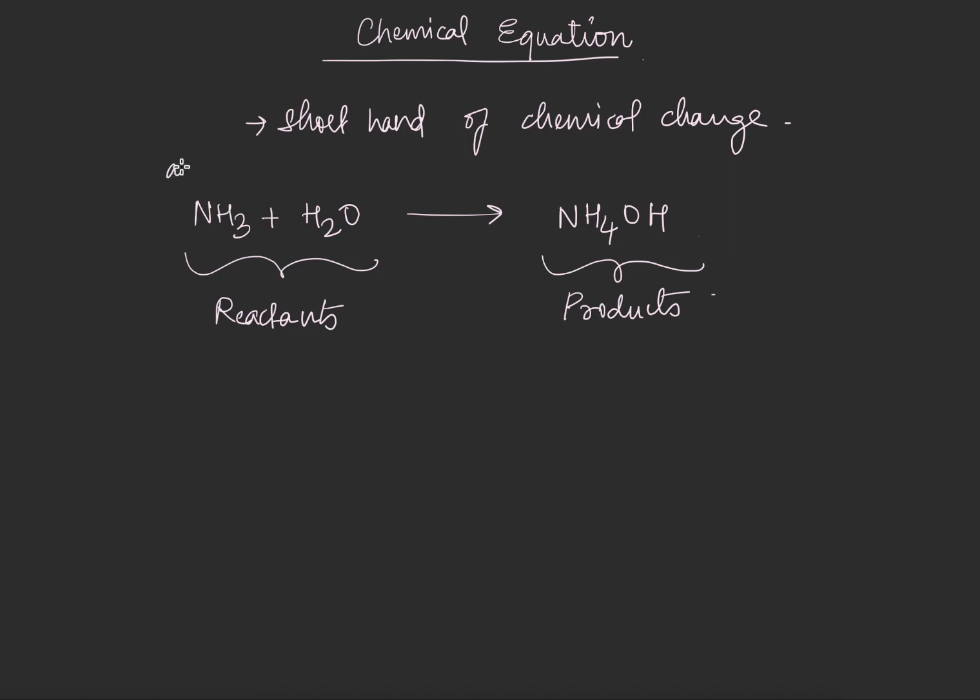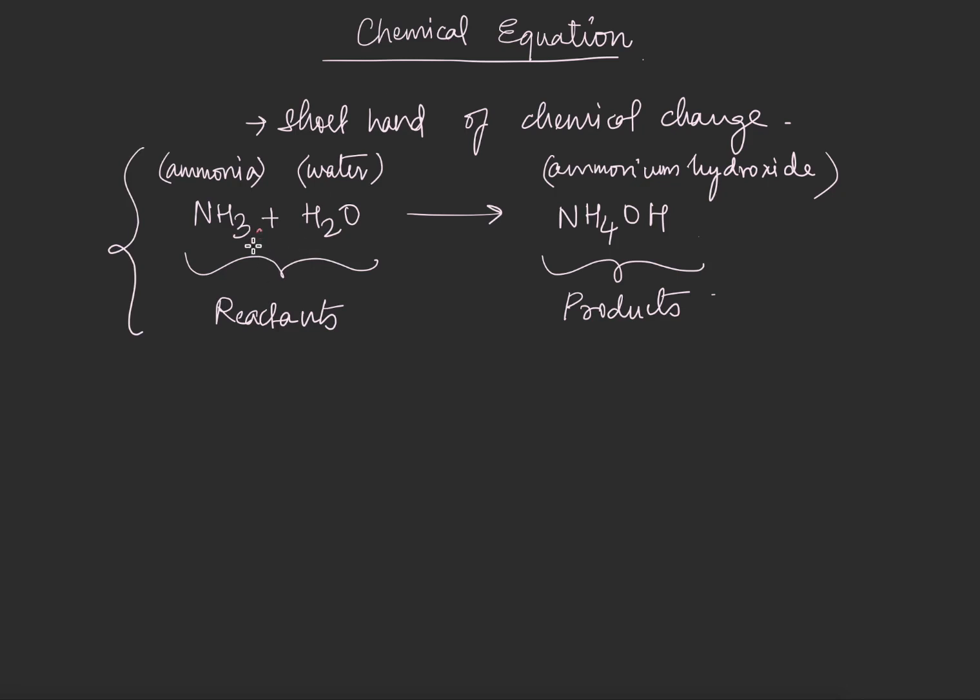NH3 is the chemical formula for ammonia, H2O is water, and NH4OH is the chemical formula for ammonium hydroxide. Okay, so we've got two reactants which are participating and forming one new product, which is ammonium hydroxide. Whenever you write a chemical equation, always try to mention the state of the substance.